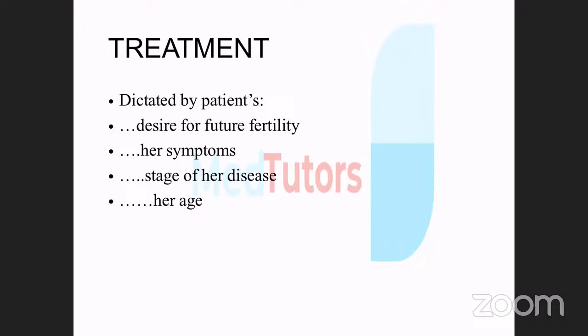Even though, remember, we said the stage of the disease does not correlate with the symptoms. And that's why the determinants of treatment include, first, her symptoms. Second, her age and desire for fertility. Then her stage of the disease. Next slide.